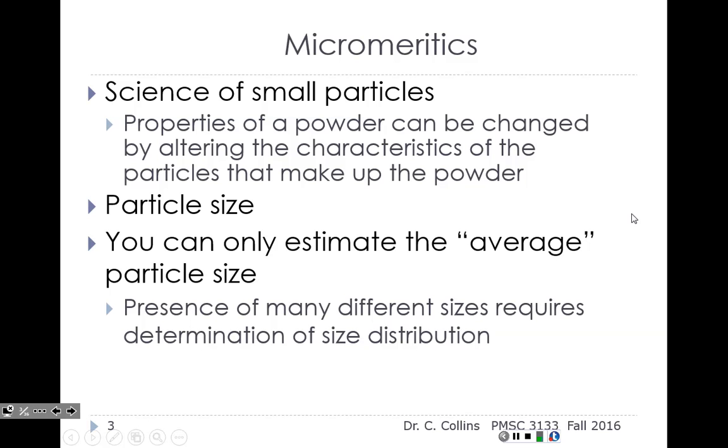Think of it as a statistical type of problem. Your standard distribution curve, you have your mean in the middle. Well, we can look at particle sizes that same way. So we can have particle sizes in which this is the distribution of particle sizes.